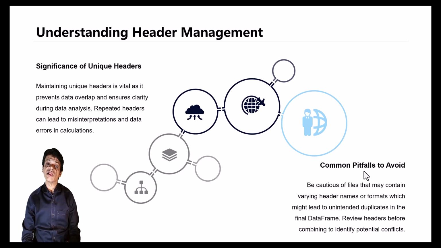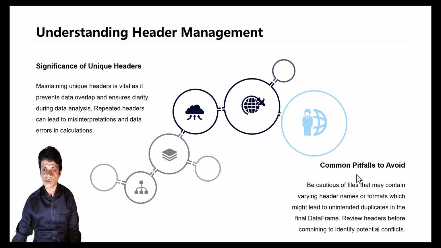One column is address, the duplicate column is also address, but with different data. The Pandas data frame will be confused. If you say DF address, it will be confused about which one. To avoid such problems, we need to keep unique headers. Each column should have a unique name only.